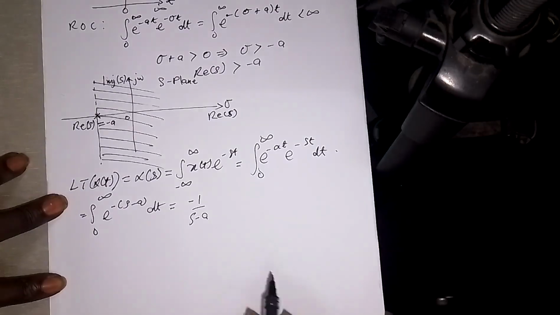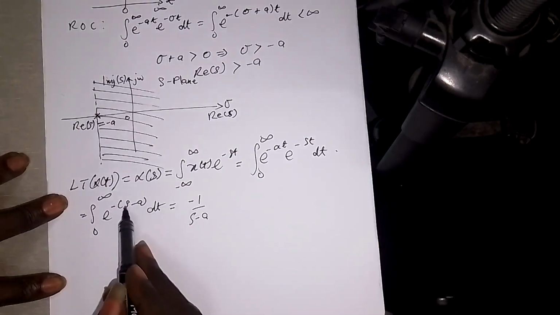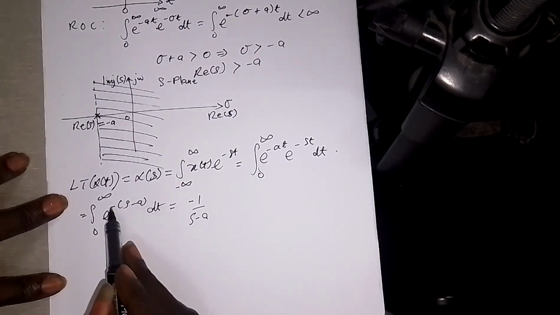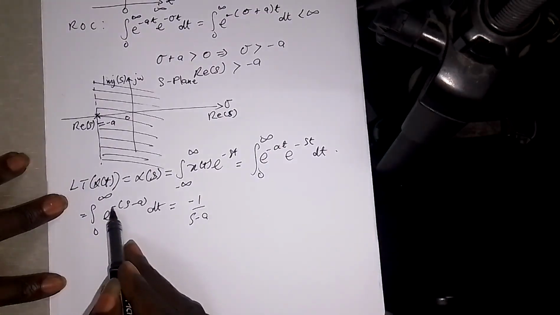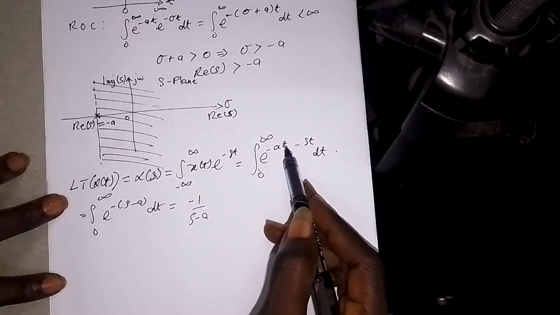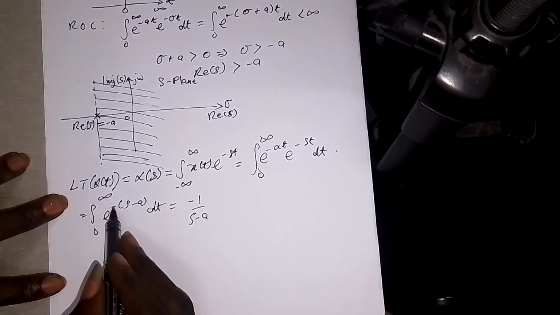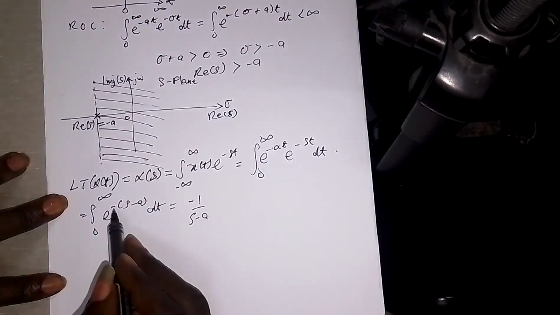Oh, sorry, it cannot be s minus a, because negative 1 times s is negative st, but negative 1 times negative a will not give me negative at. It will be positive a.